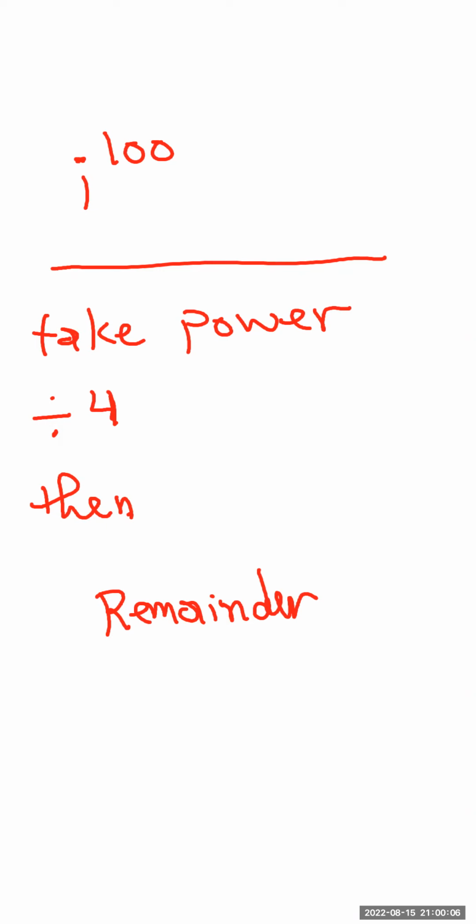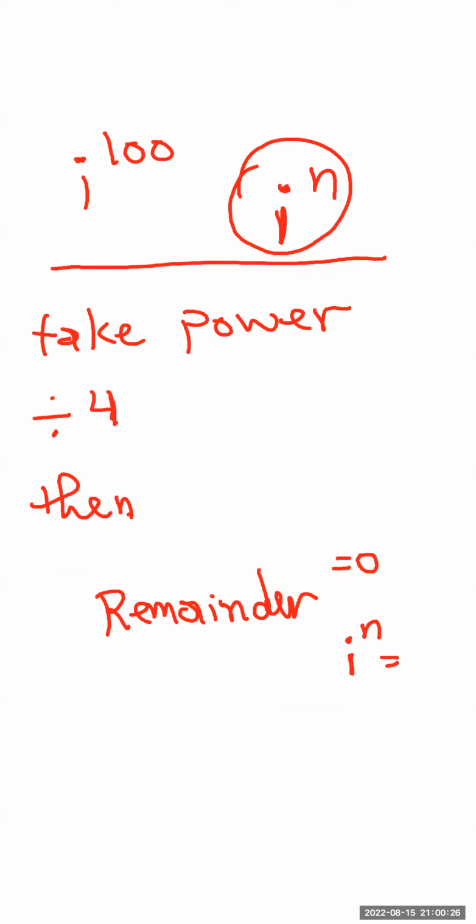Okay, so if the remainder equals 0, then in this case, if this one is i to the power n, the general rule, then i to the power n will equal 1.